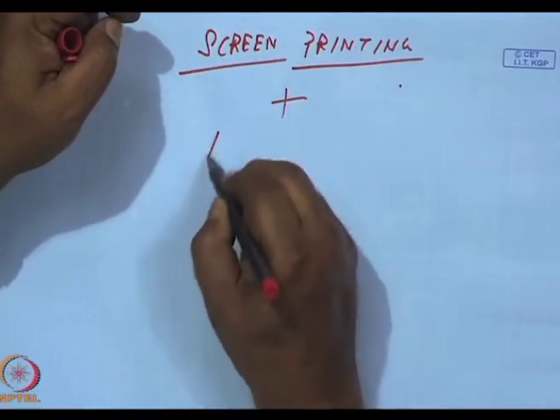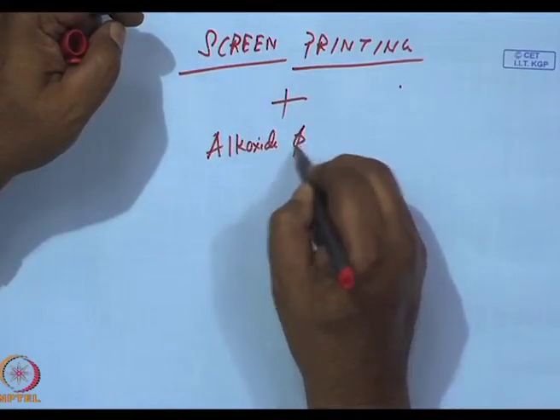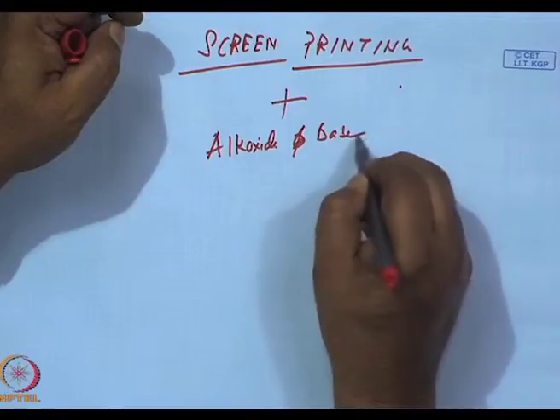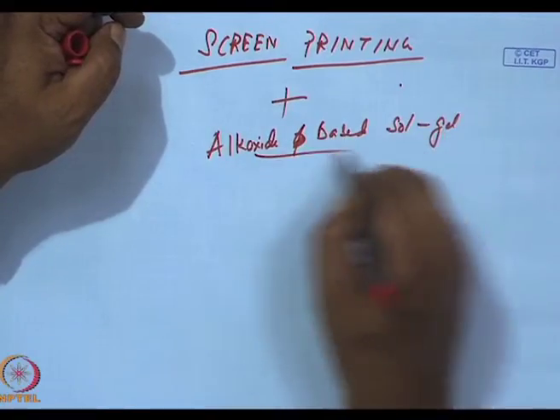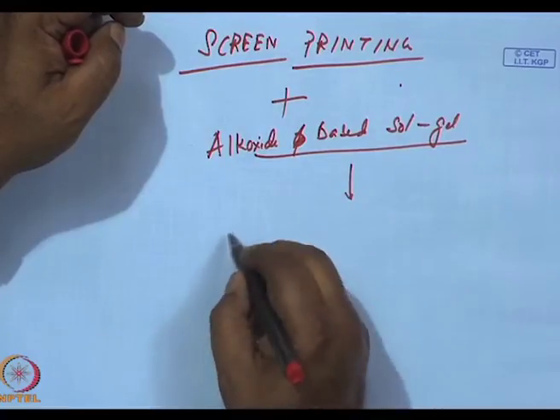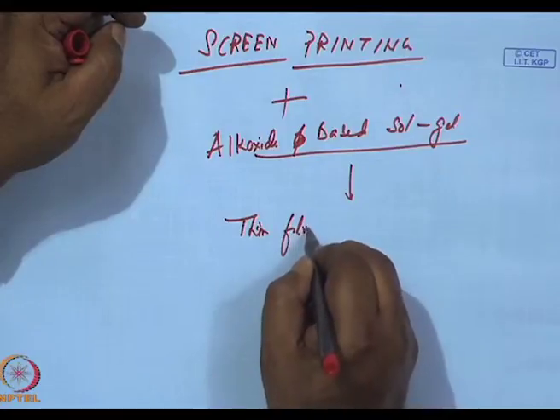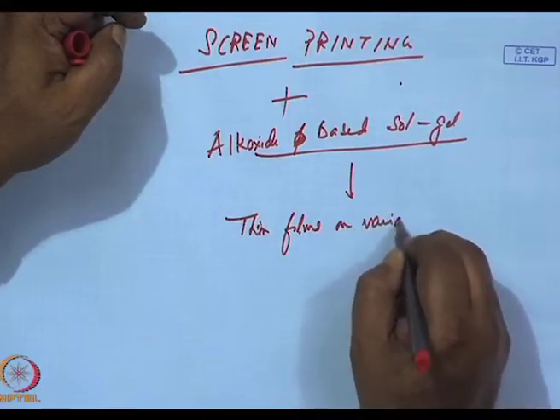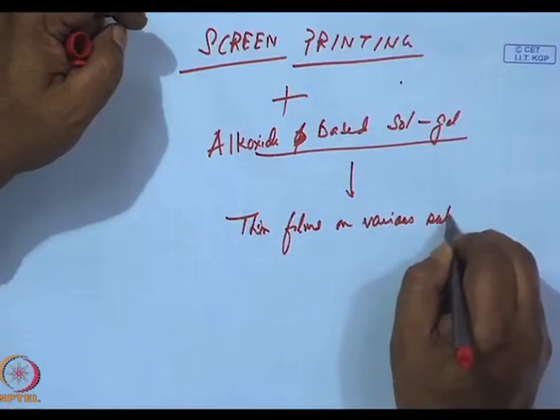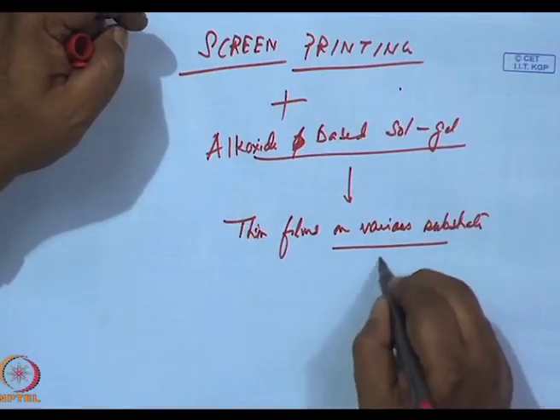And screen printing plus alkoxide based sol gel technique have been used to deposit thin films on various substrates and even plastics.